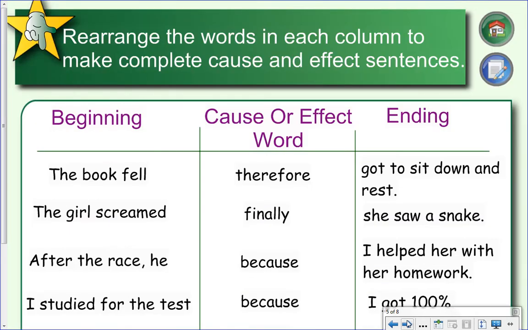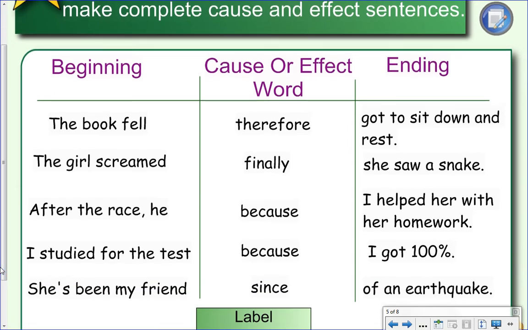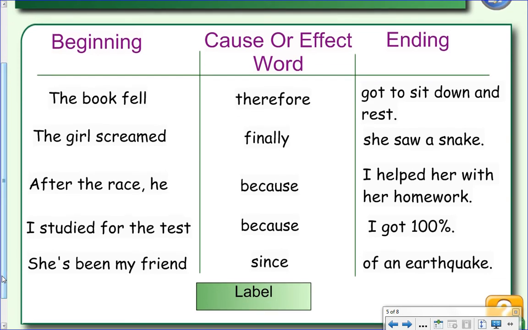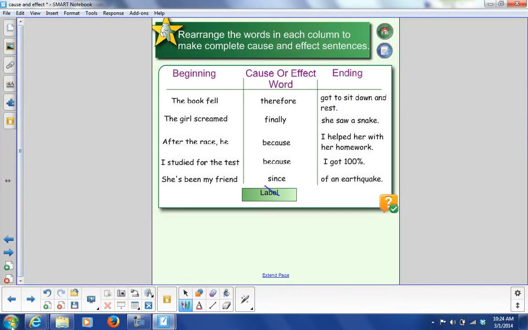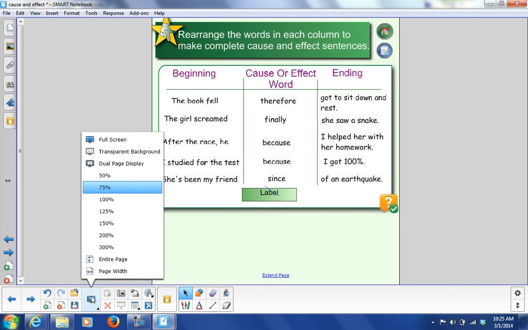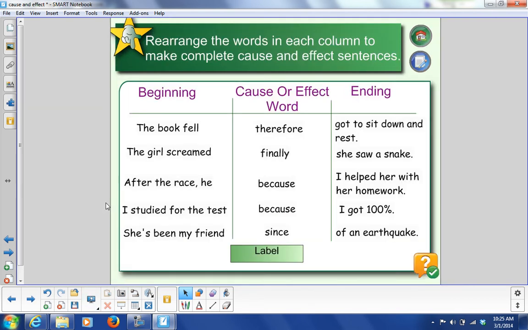Okay, so in this one, we're going to rearrange the words in each column to make complete cause and effect sentences. Here's our beginning, here's our cause or effect word, and then our ending. So what could we do here? Let's look at it like this, so it's a little bit easier to look at all at once.